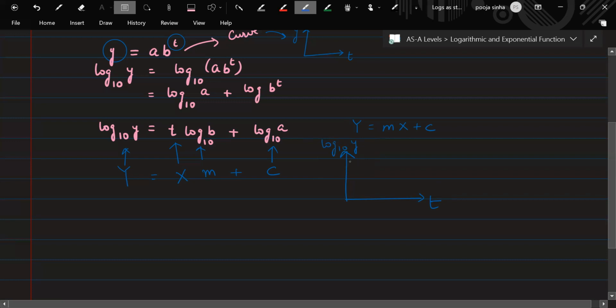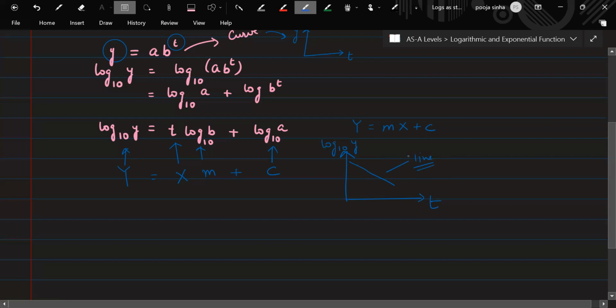How will you plot? You take values for x, the way you normally do for a line, and you get a final answer for y. In the same way, you will plot it. In this case, x is t, so 1, 2, 3, 4. And accordingly, you will get the values for y, which when you plot, you will get a line, this kind of a line.